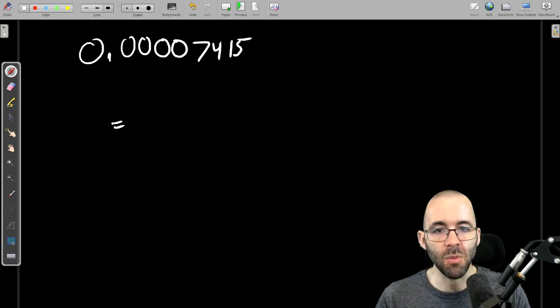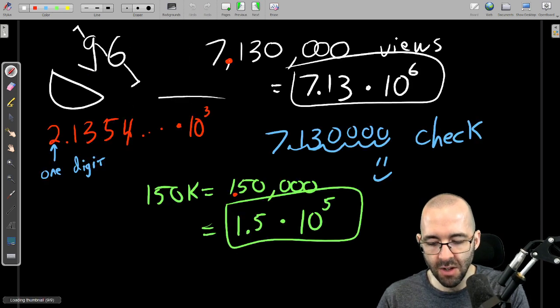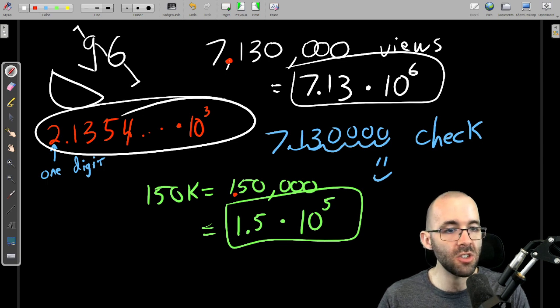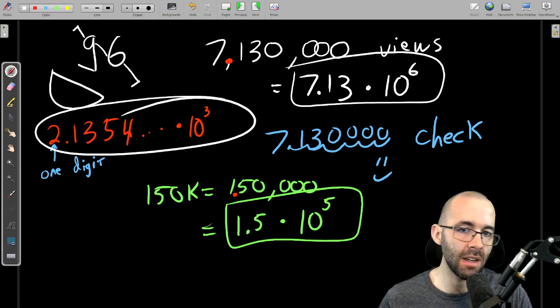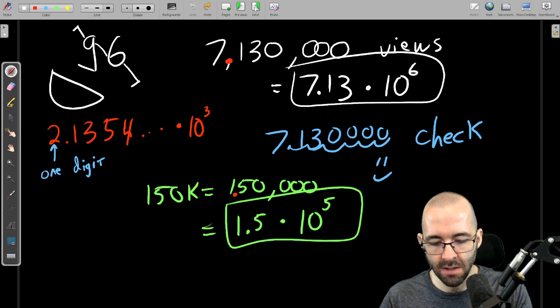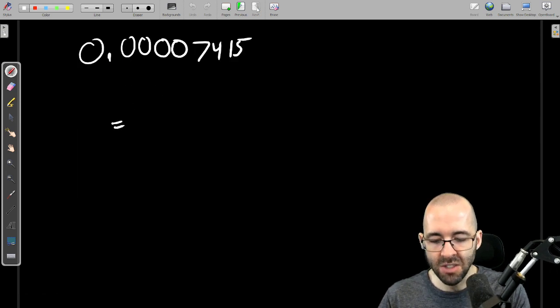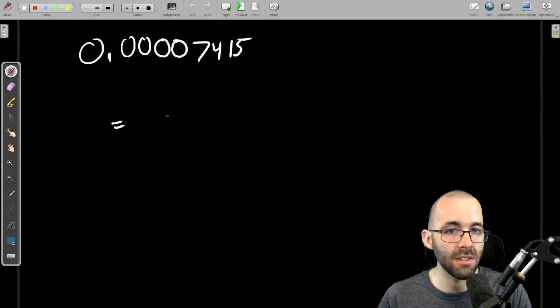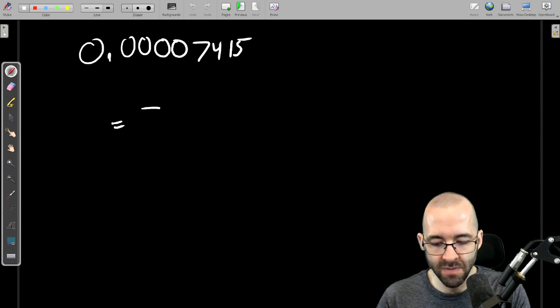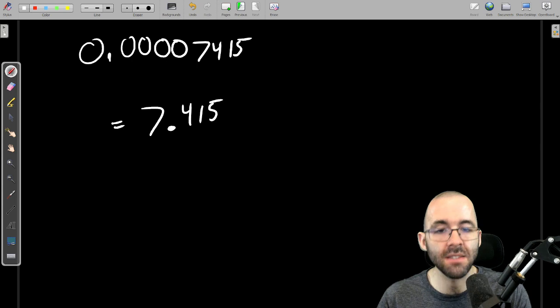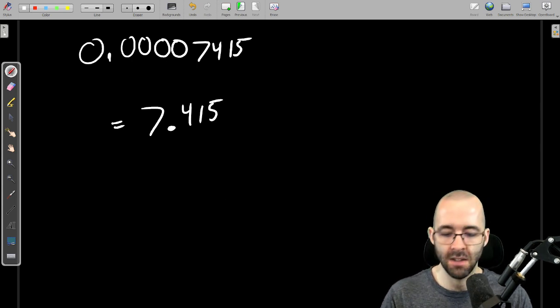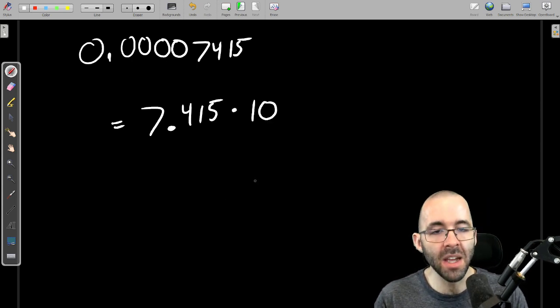So we approach this the same way. What's that form for scientific notation? 1 digit, then a decimal, and then all the rest. So here, what's our first digit? Our first thing that's not a 0. 7. Decimal place, all the rest. Now it's always times 10 to some exponent.